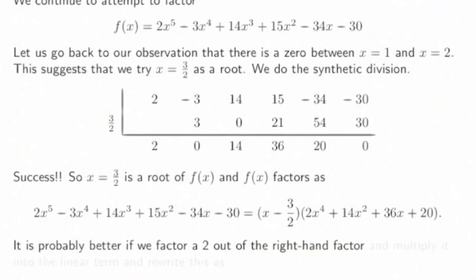We could factor a 2 out of the right-hand side from the 2, 14, 36, and 20, multiply it into the linear term x minus 3 halves, and rewrite this as factoring my polynomial of degree 5 into 2x minus 3 times the fourth degree polynomial x to the fourth plus 7x squared plus 18x plus 10.